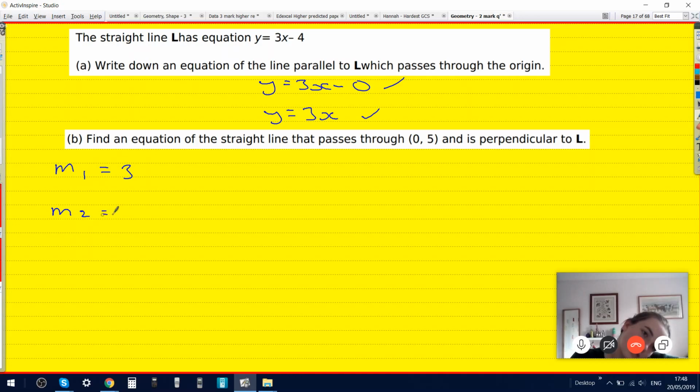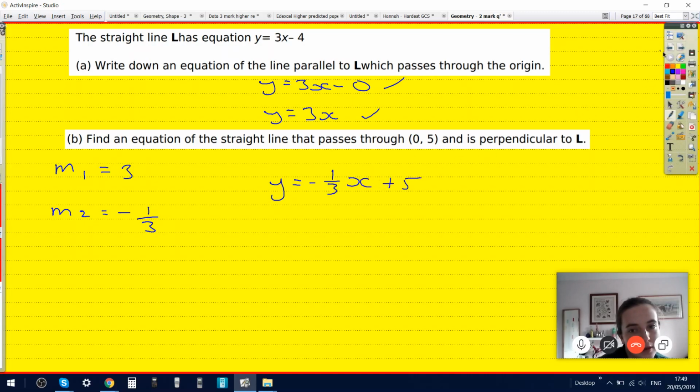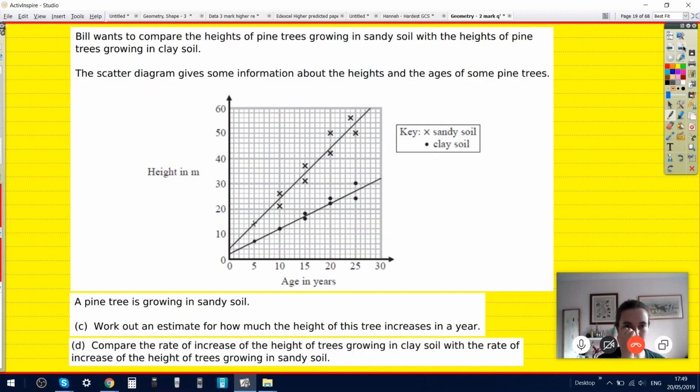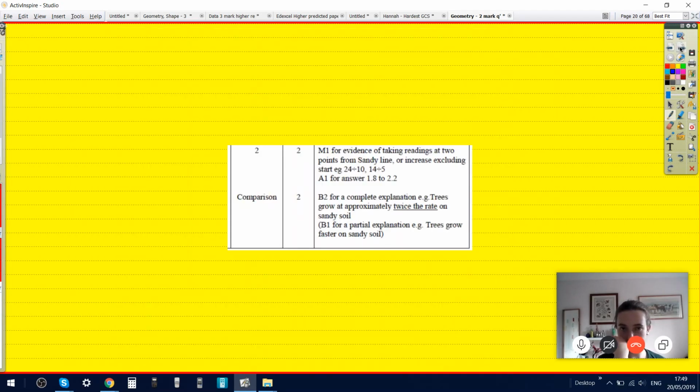Perpendicular gradient? Minus 3. Negative reciprocal? Minus a third. Yeah, that's it. And so this one: y equals minus a third x plus 5. Well done.